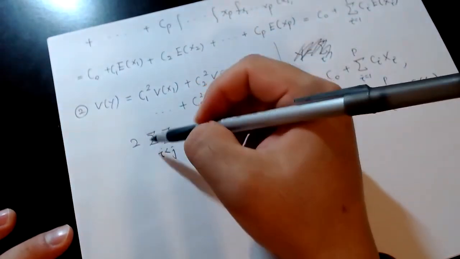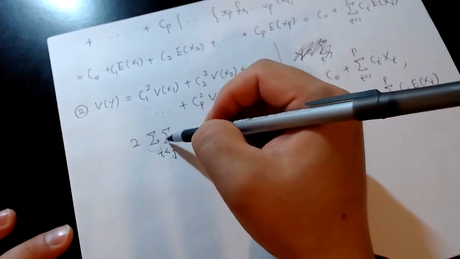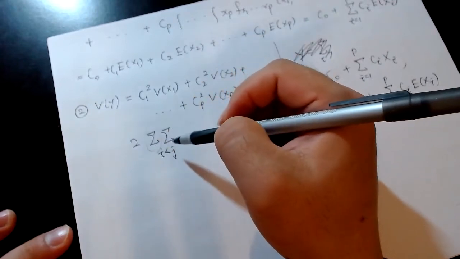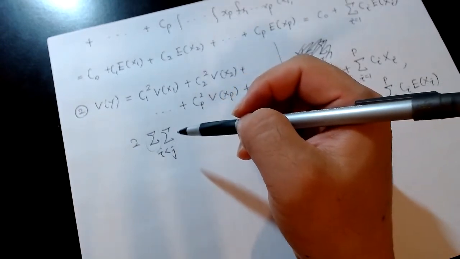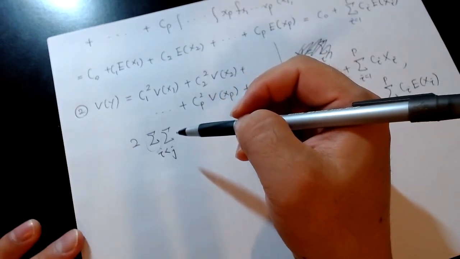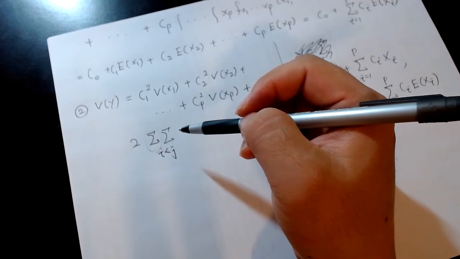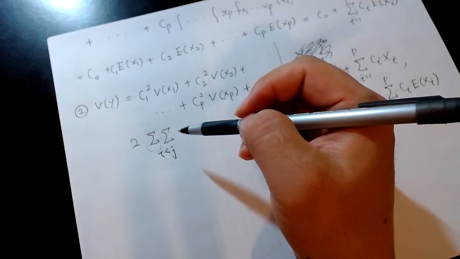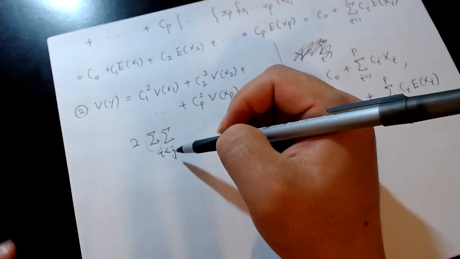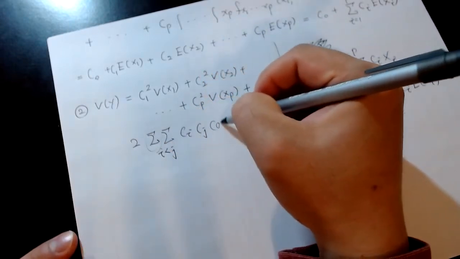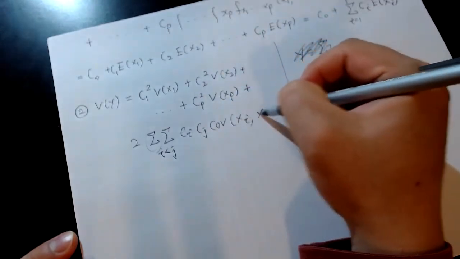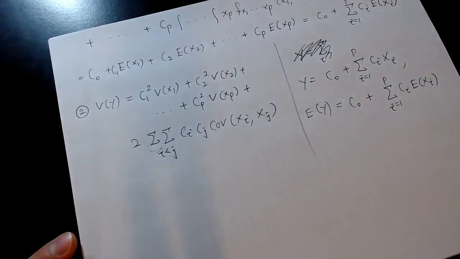I and j are moving indices, but we choose i and j such that i is less than j, so ci, cj, and the covariance of xi, xj. Keep this in mind.